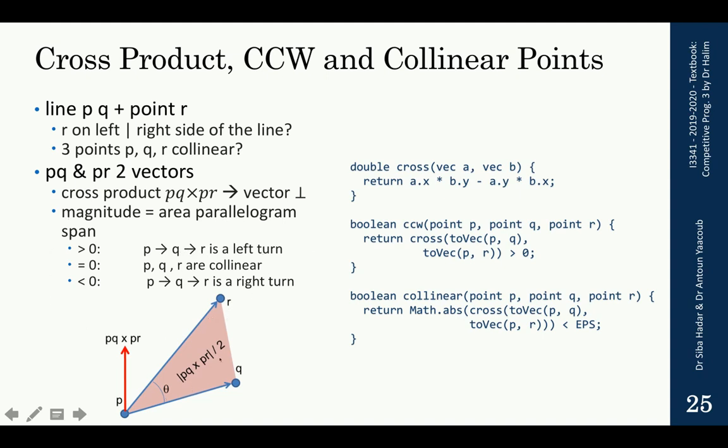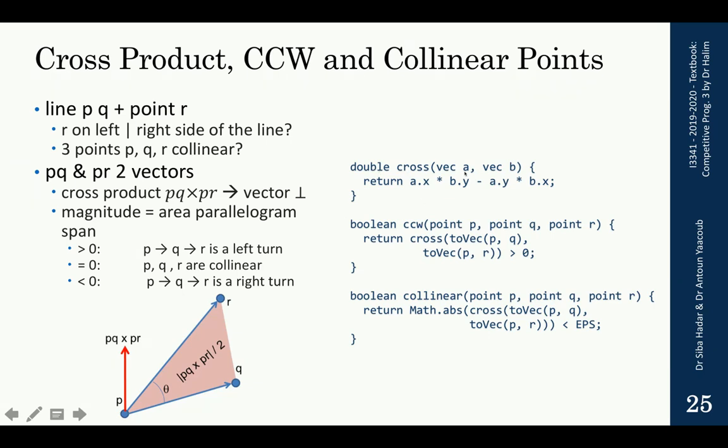It means that if we go from PQ to R, it is counterclockwise. If this magnitude is 0, this means the 3 points are collinear, and if this magnitude is negative, less than 0, that means that P, Q, and R form a right turn and they are in a clockwise position. And these 3 functions we will use later in more than one operation.